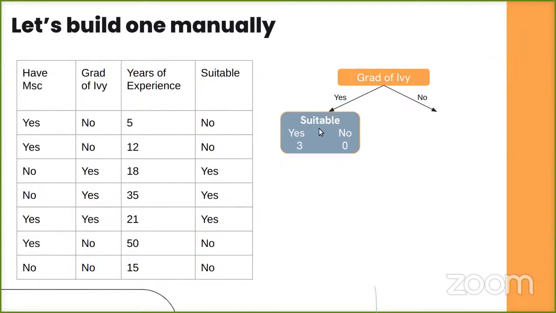Do you get it so far? Yes. Cool. So we go to the second row. The grad of Ivy is still no, right? But we are under the yes branch, so we ignore that. And then we come to the third row. Now we have hit a yes, which is the branch that we are dealing with at the moment. And we will now check the suitable. So for grad of Ivy that is yes, what's the value of the suitable for this particular row?